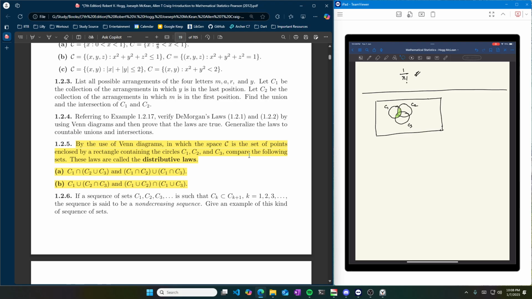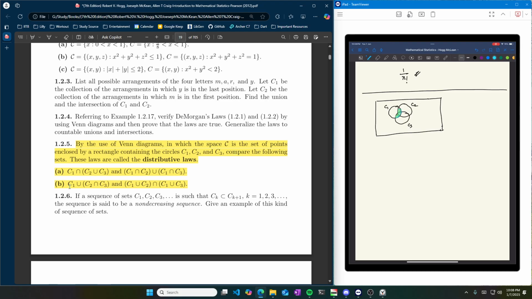And then C1 intersection C3 is this portion. So you see, the union of both of them would be the exact same space, which means that it's equal.